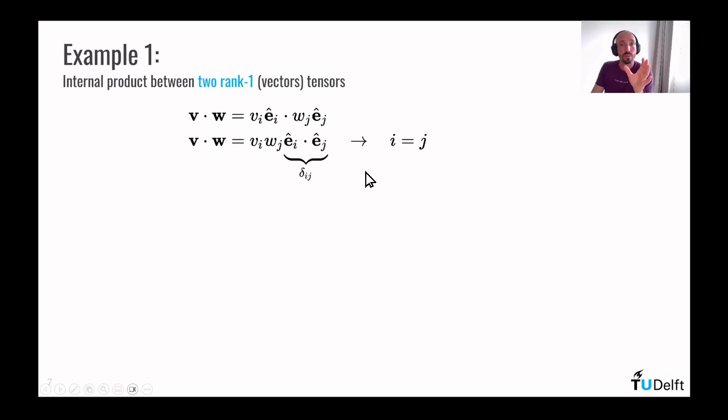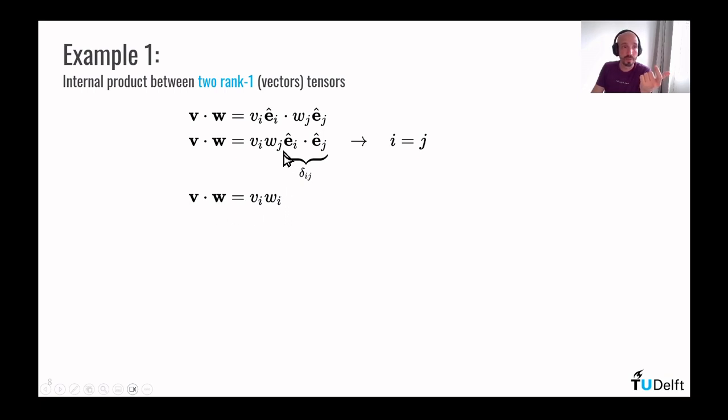This implies that we just have to remove this term and make i equal j. So I just substitute the subindex i by j, or I substitute the subindex j by i. In this case, let's replace j by i, and we are left with this expression here. Why don't we have anything else here?